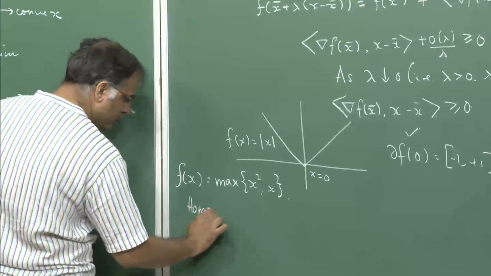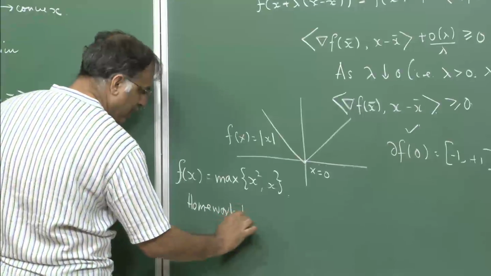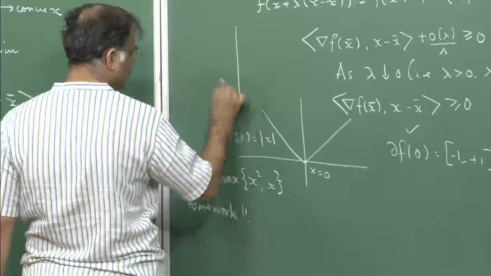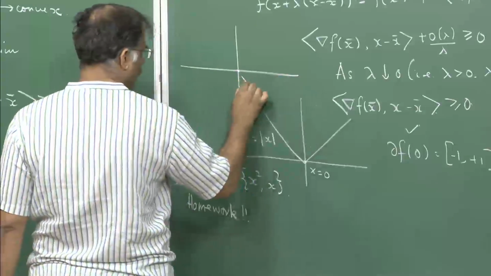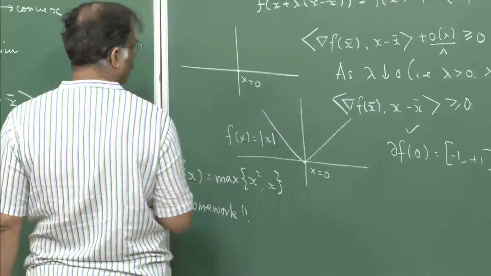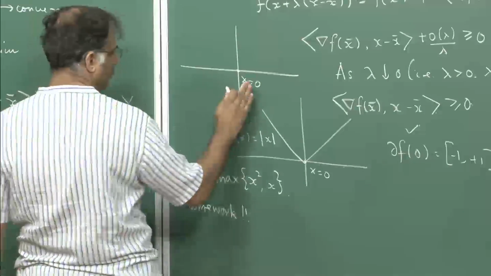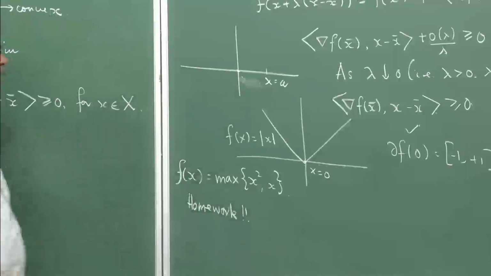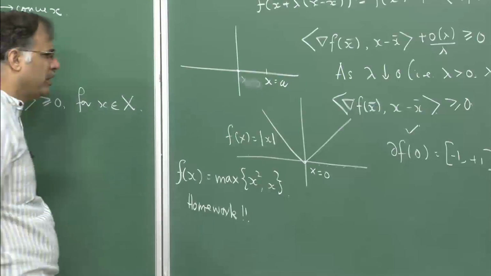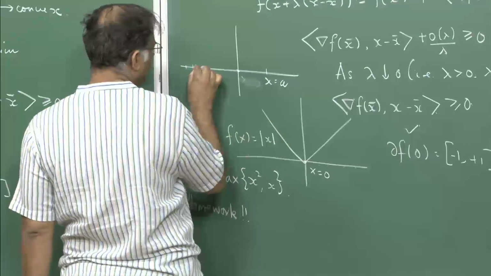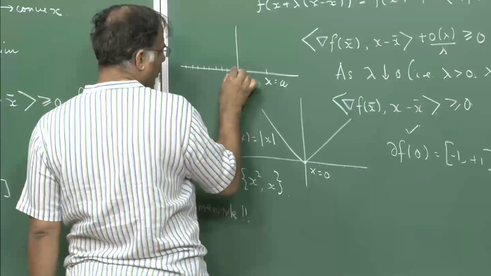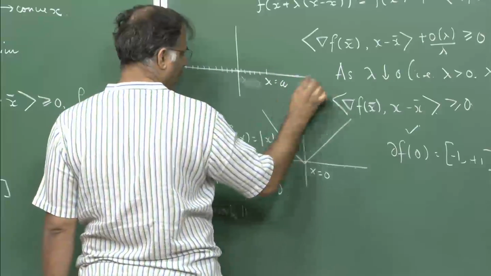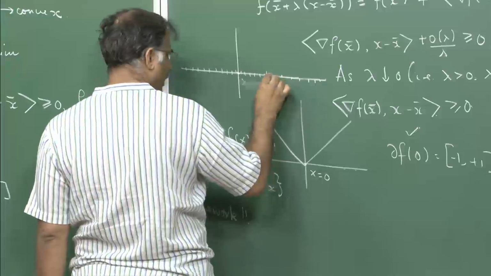The idea is the following. If you have a point on the real line, say x equal to 0 is a solution or x equal to a is a solution, it does not matter. So x equal to a is your solution of the minimum of the convex problem, or x equal to a is the point where you want to find the subgradient. Then construct a sequence x_k converging to a from the left and another converging to a from the right.